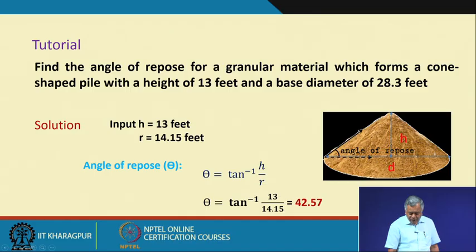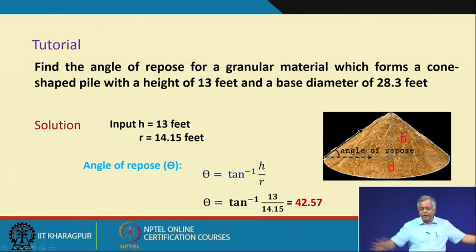That means, if I know the angle of repose, and vice versa, and if I know the height, I know this dimension. So, we can find out even what the height is or what base area I require to accommodate those particles.